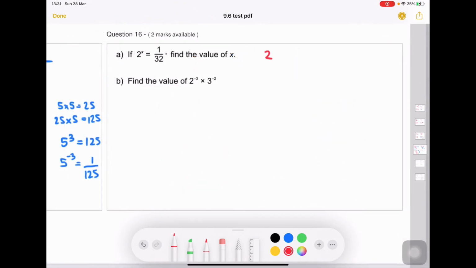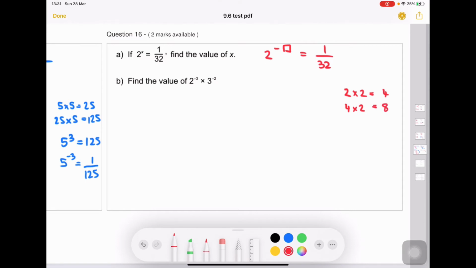2, we know it's going to be 2 to the negative something. So now we need to think about how we get from 2 to 32. 2 times 2 is 4. 4 times 2 is 8.